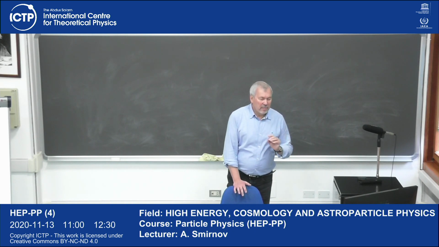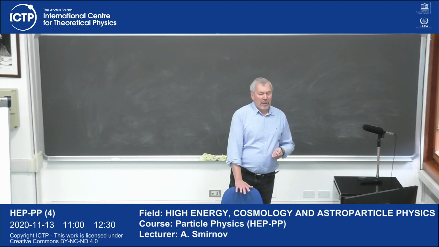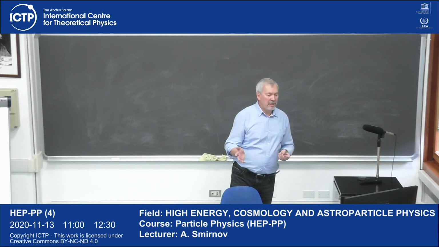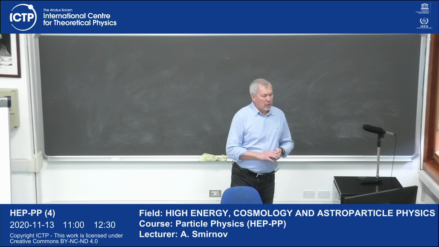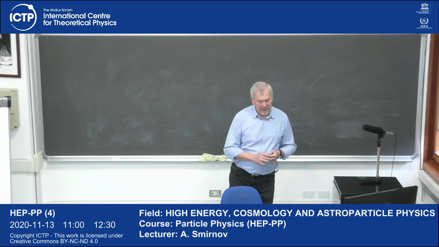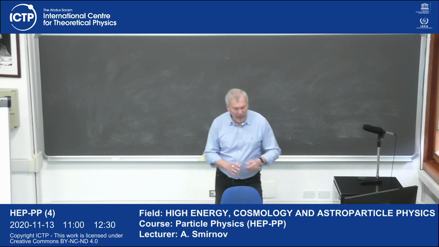That was actually one of the motivations for Majorana when he introduced Majorana neutrinos, because in the case of a Majorana neutrino, neutrino and antineutrino coincide, and in this situation the magnetic moment is exactly zero. So you see, it was a long period of accepting this idea of the neutrino.